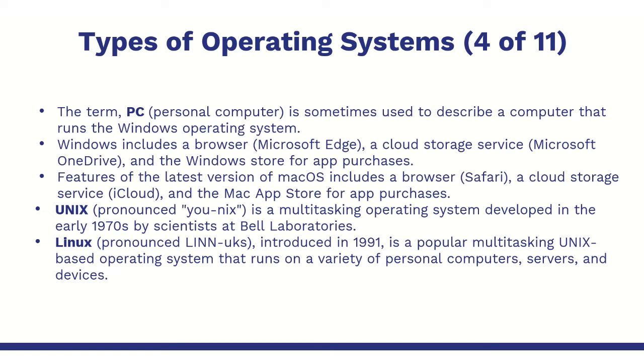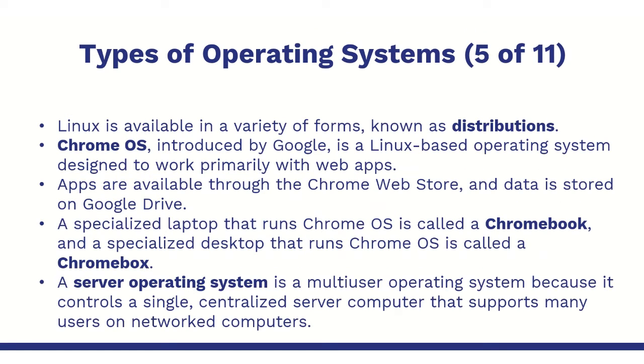Unix is a multitasking operating system developed in the early 1970s, and it was initially used mostly for scientific purposes. Linux, introduced in the early 1990s, is a popular multitasking Unix-like operating system, but it's not derived from Unix, that runs on a variety of personal computers, servers, and devices.